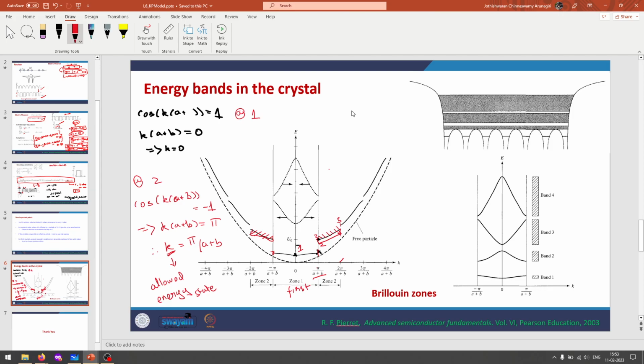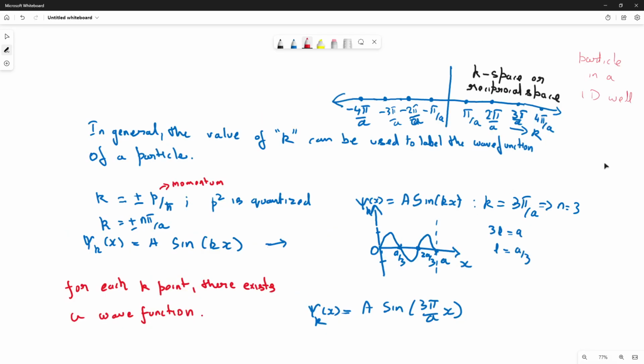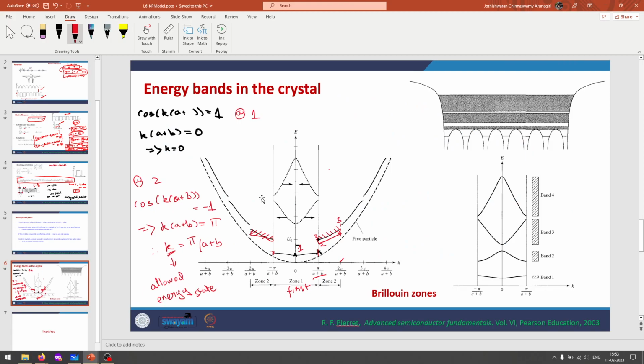Insofar as the definition of the K space goes, see, over here, if you notice, the K values, especially the points pi by a, 2 pi by a, 3 pi by a, 4 pi by a, are very similar to the points that you see here. It is pi by (a plus b), 2 pi by (a plus b), 3 pi by (a plus b), 4 pi by (a plus b), and so on. So can you appreciate that there is some kind of a connection between the particle in a 1D well and the 1D Kronig-Penney model?